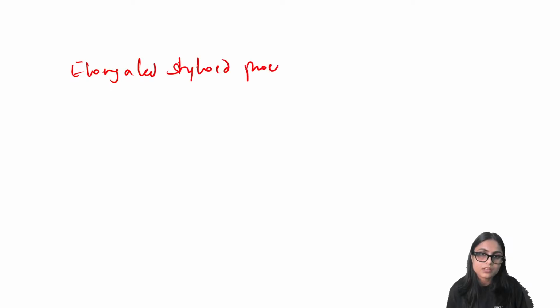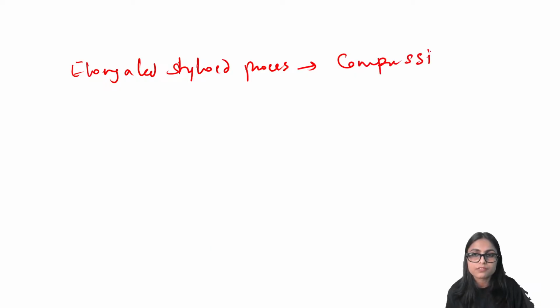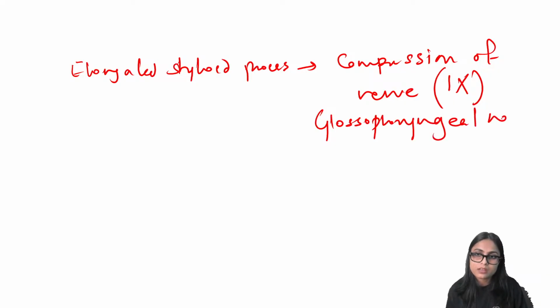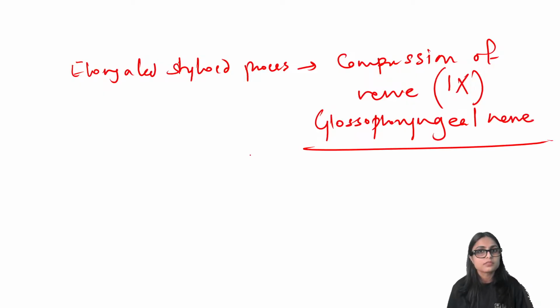So, this elongated styloid process, what will it cause? It will cause compression of a nerve. Which nerve? Ninth nerve. Ninth nerve is which nerve? Glossopharyngeal nerve. Correct?